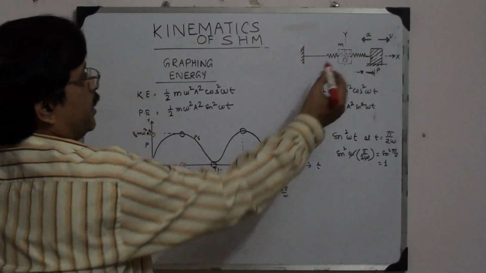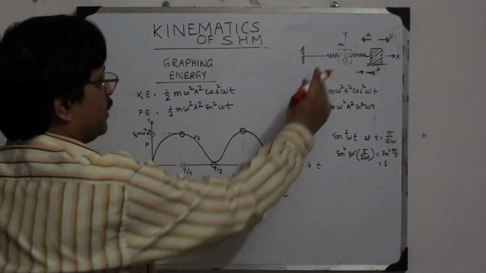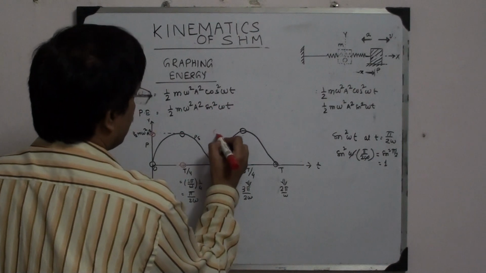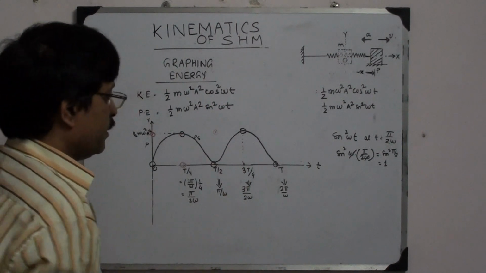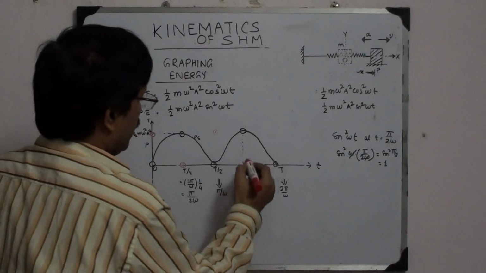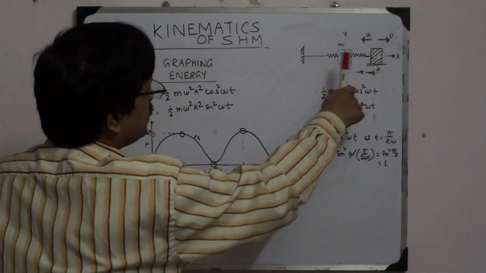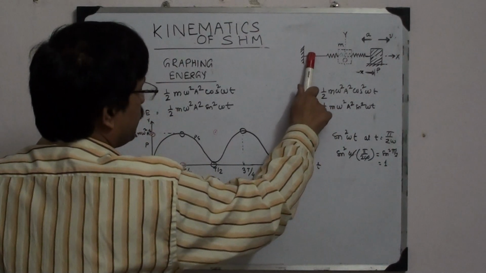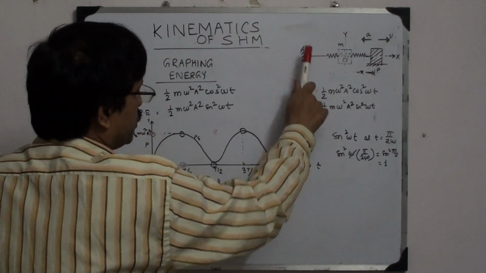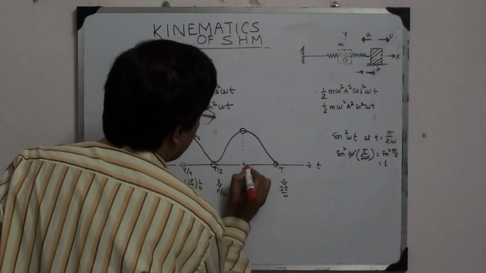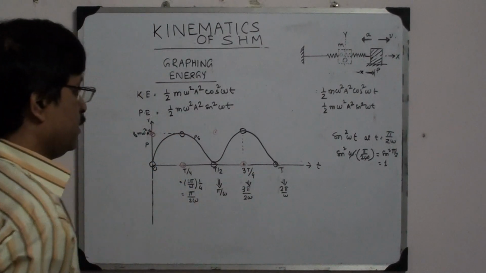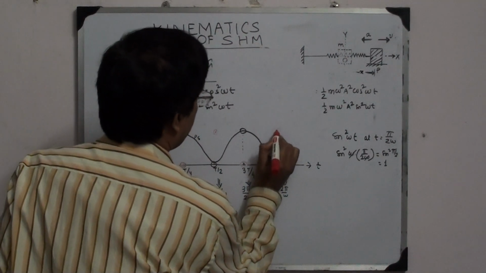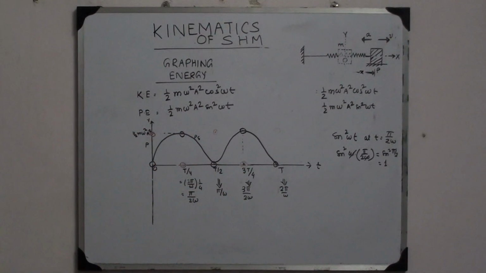Now T by 2, which means it has gone here at T by 4 and returned back here at T by 2, so it is shooting past towards the left with the maximum velocity. So here again we get another point for KE, and similarly at 3T by 4, the other extreme position where velocity is 0, so we get here a minimum kinetic energy and again here a maximum kinetic energy.